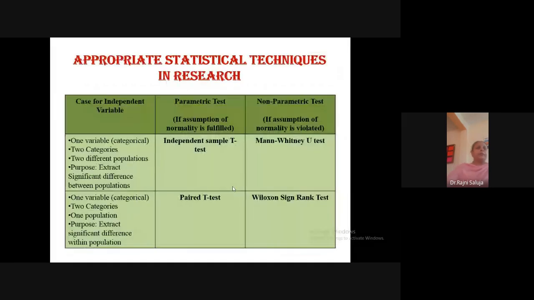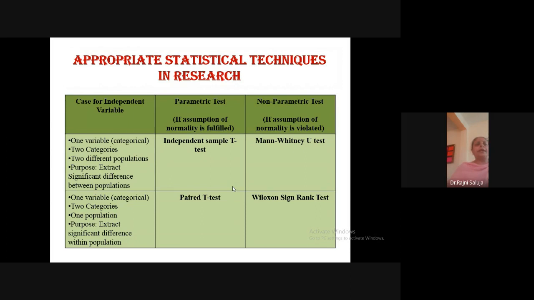Next we come to the part where we may talk about the case of the independent variables and what type of test will be applied. Generally, I would like to discuss the applications of the various parametric and non-parametric tests which are available.